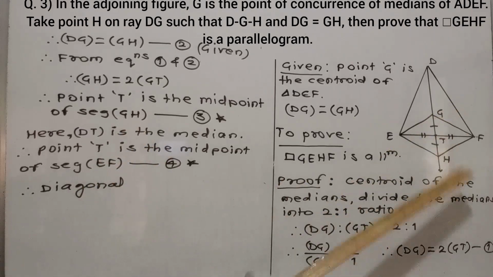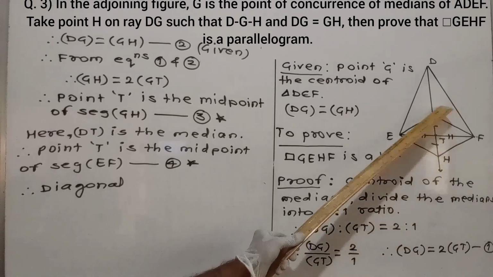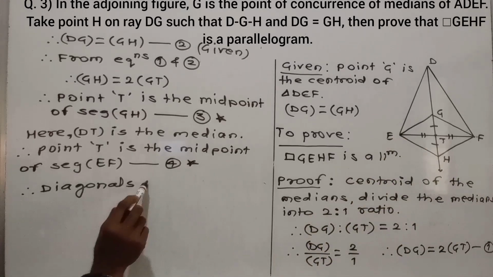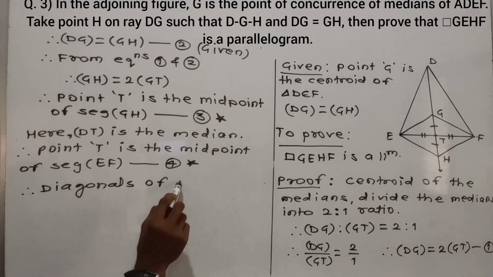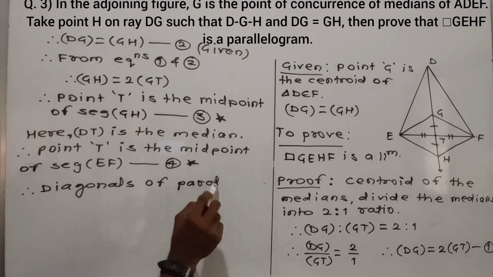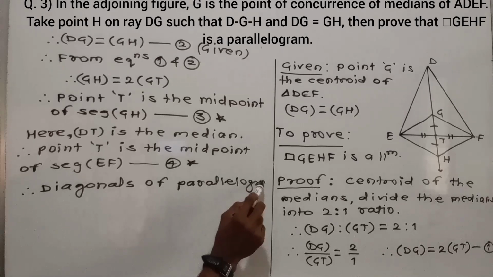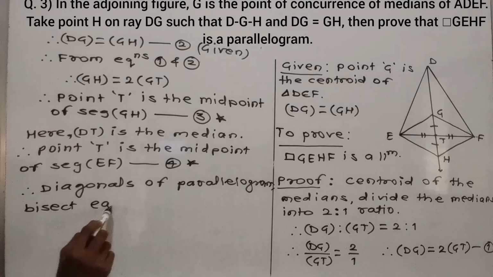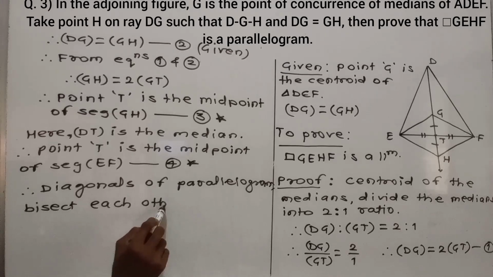GH and EF, diagonals of this quadrilateral GEHF, and diagonals of parallelogram bisect each other. No, diagonals of parallelogram bisect each other, and here they bisect.